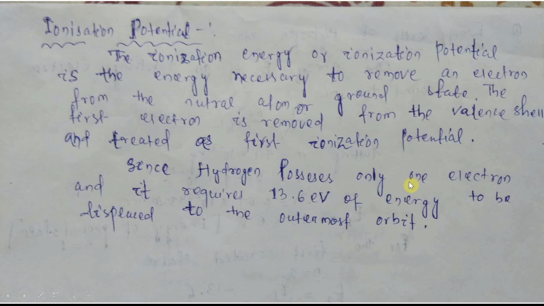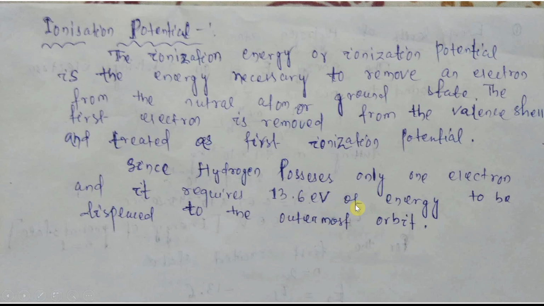Suppose you imagine the electron is in the outermost orbit, with the nucleus present at the center, and you want to remove that electron from the outermost orbit. How much energy is needed to remove it is known as the ionization energy, and the associated potential is known as the ionization potential.